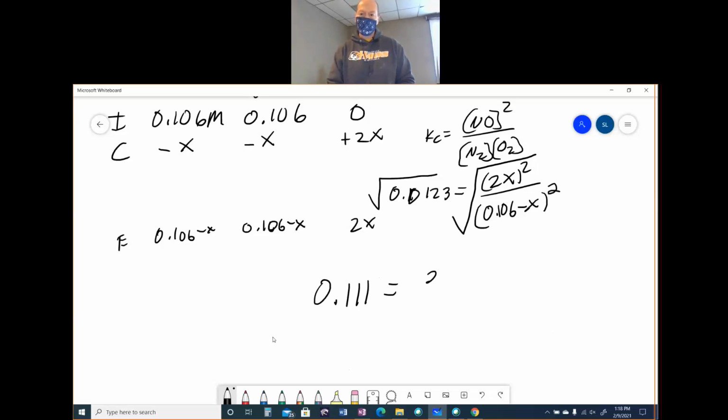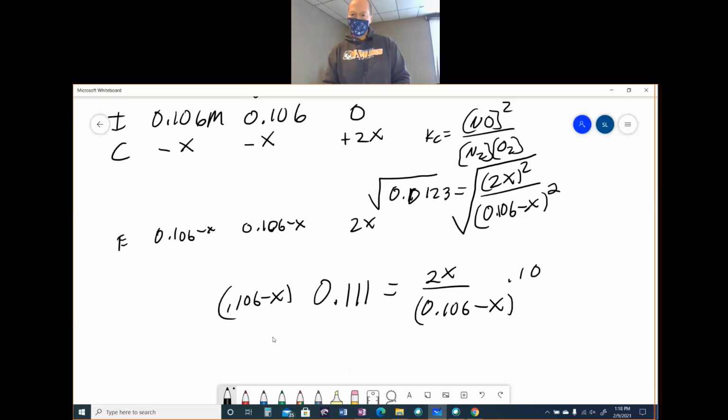That is equal to 2x divided by 0.106 minus x. And so now you just have a simple algebra equation. 0.106 minus x, multiply on both sides. All right, so that is gone.